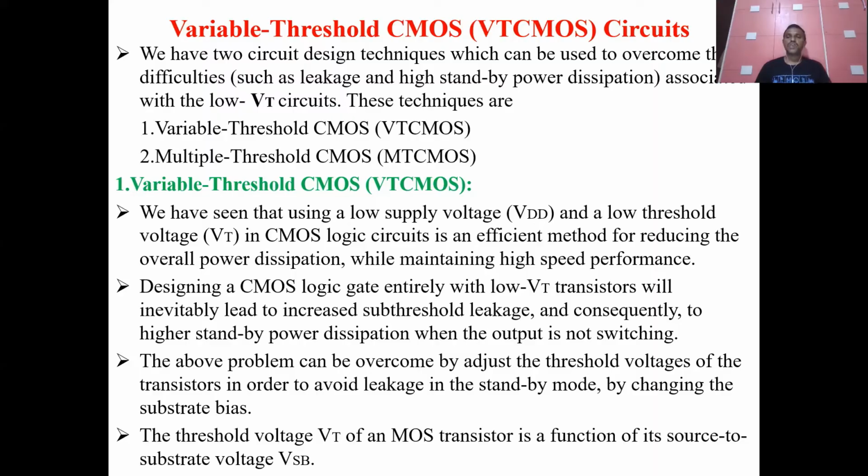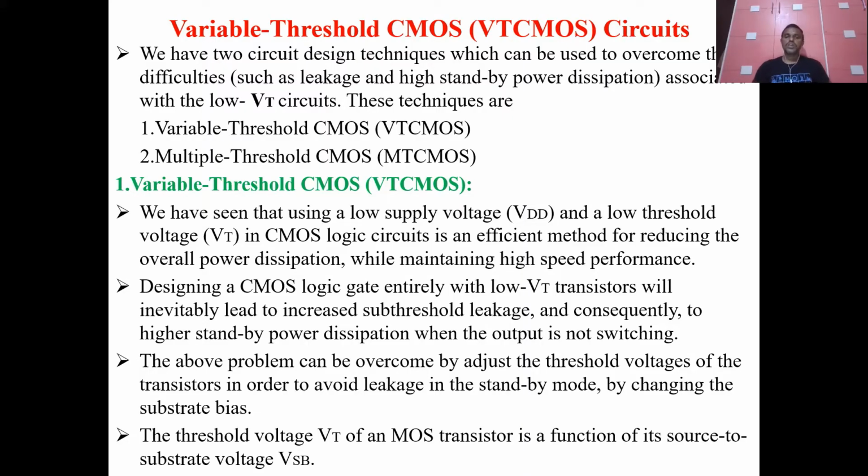Generally, in circuit operation we keep the substrate and source always at ground. If there is a voltage difference between the substrate and the source, that is, between the body and source, there will be a problem: the threshold voltage effects will be obtained.